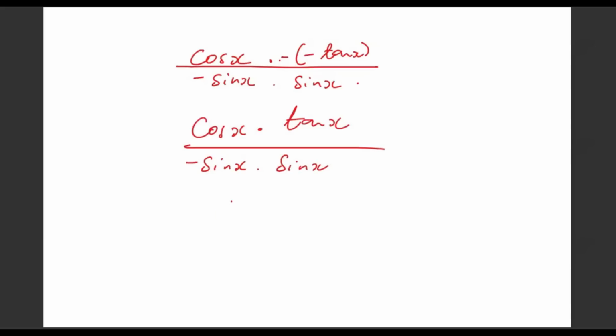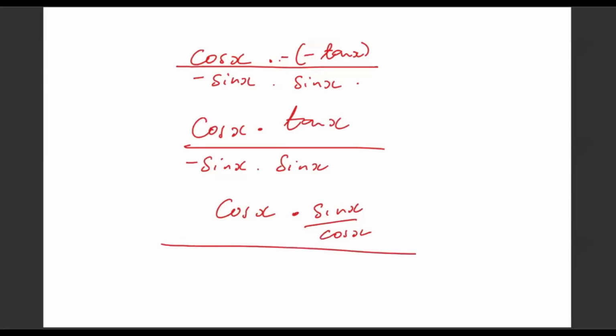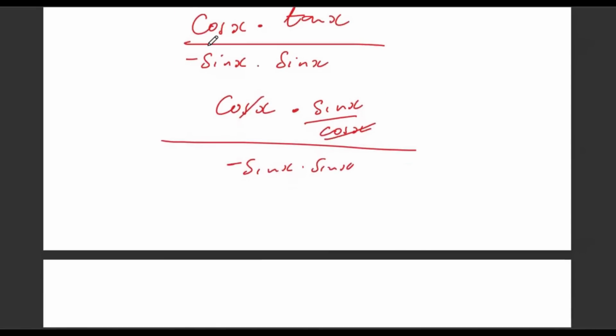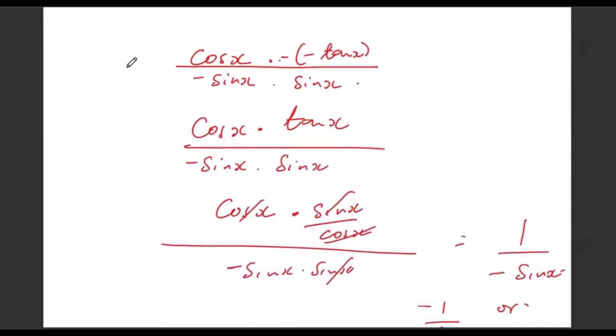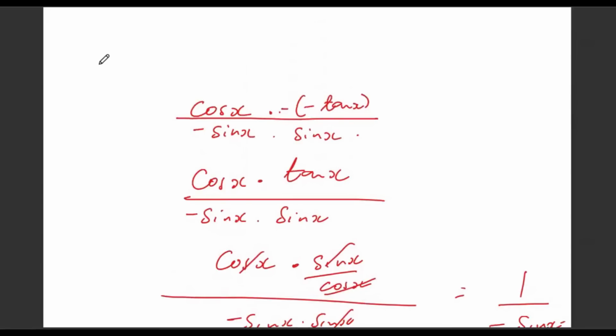Let me change the tan: this is sine x over cos x. So we're dividing by negative sine x and then a sine x. So this cos cancels this cos. And then I'm only going to be left with sine x over this. So this sine can cancel that. So we're left with 1 over negative sine x, or it could be negative 1 over sine x, either way. Okay, so the quickest format of killing this was going to be when you change this.